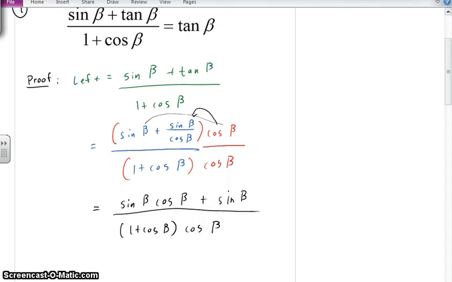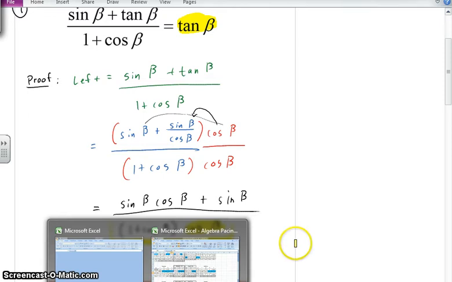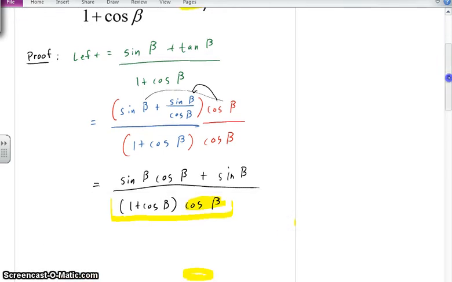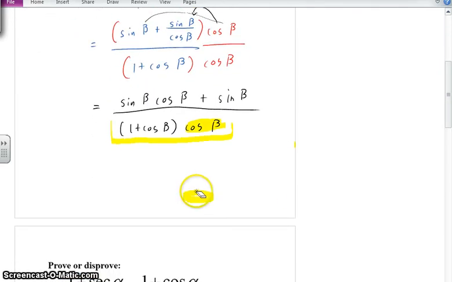Now notice here I'm choosing not to multiply this expression out. The reason for that is that I know the right side is tangent of beta, which is sine over cosine. I have a cosine already down here, so I don't really want to hide that by multiplying it out, unless I know I absolutely have to, and I don't have to at this point. Alright, moving on.